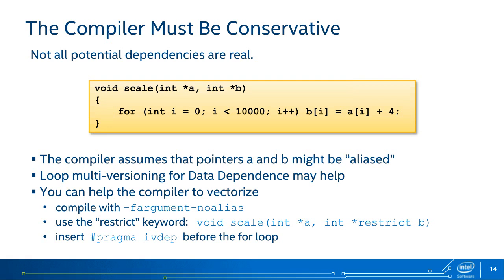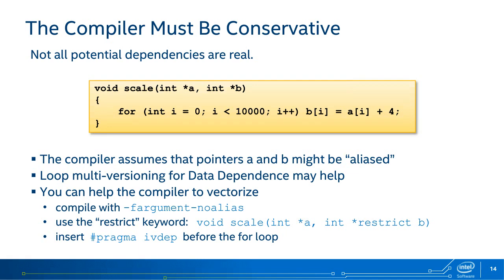So what you can do is to actually help the compiler by saying, please be sure that there is no aliasing of function arguments. And you can do it by compiling with the f-argument-no-alias option.